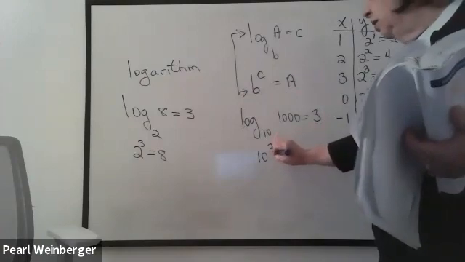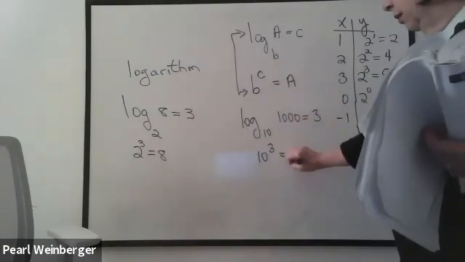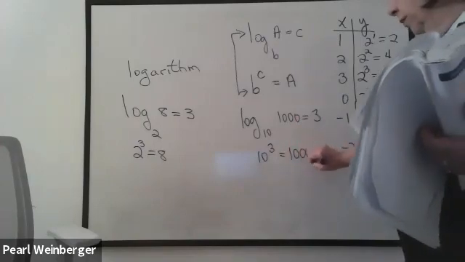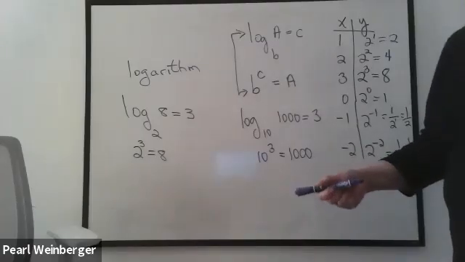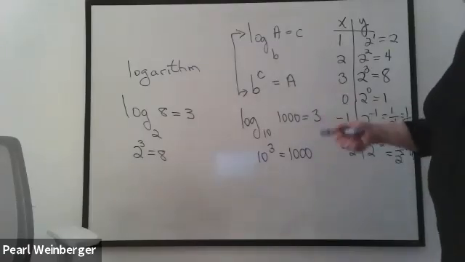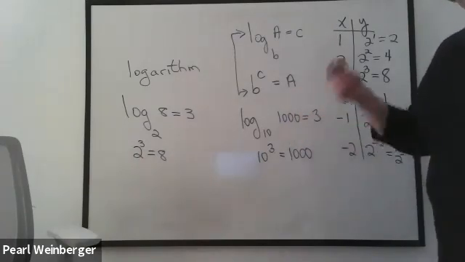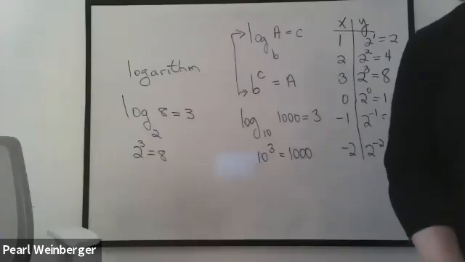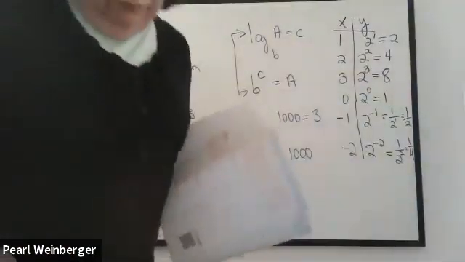So 10 to the third exponent will equal this number that's next to the word log. And obviously this makes sense. 10 to the third does equal 1,000. And it looks much more familiar than it does in this format. But again, it's telling you the exact same thing.